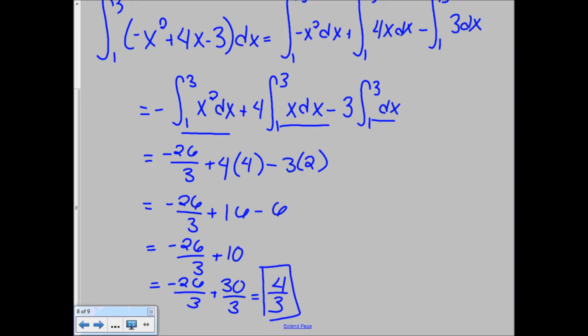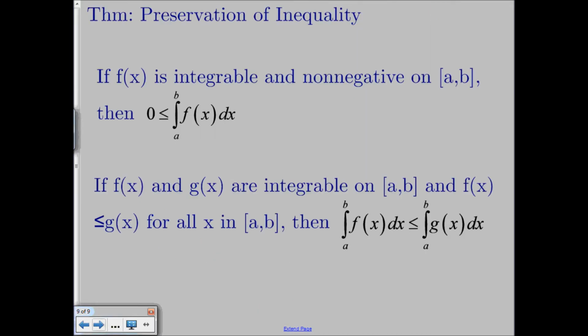So that's one way that you could use integral properties if you're given those different values, to just split up your integral and plug in the different values that you're given in order to find the value of the whole definite integral.